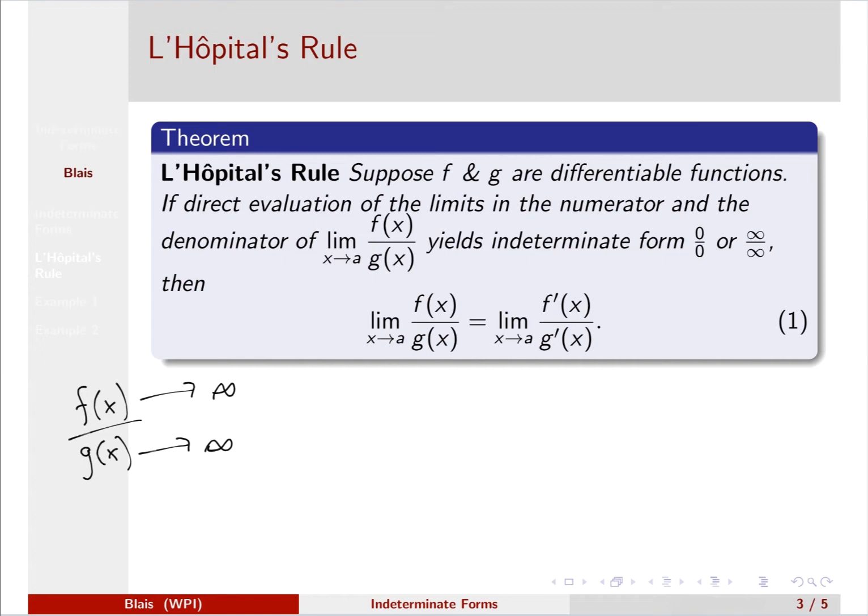And of course we know, if you think in terms of position and velocity, if you think of f and g as position, their derivatives would be velocity. The key thing to recognize is that this only works for these two indeterminate forms. And this is most naturally seen through examples.